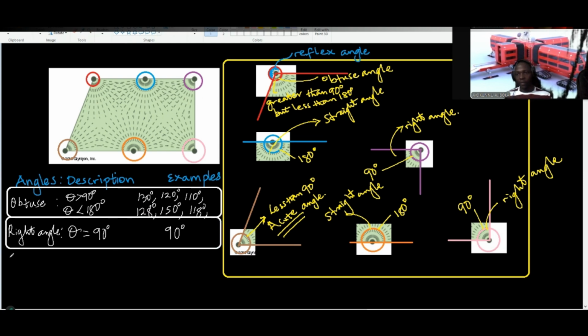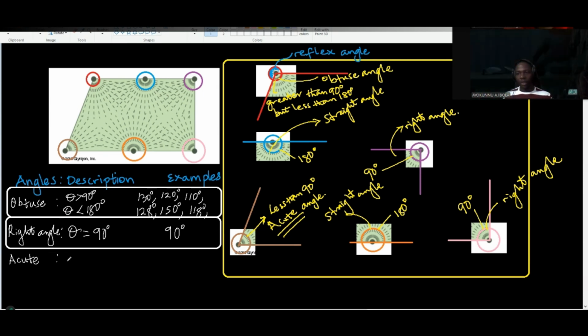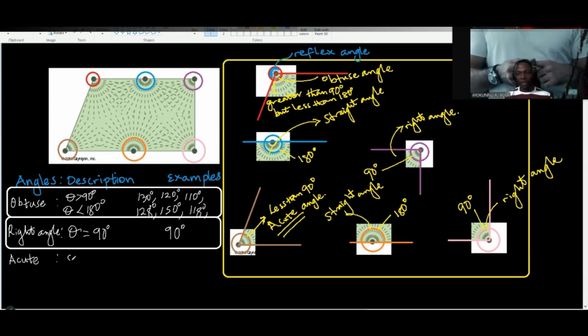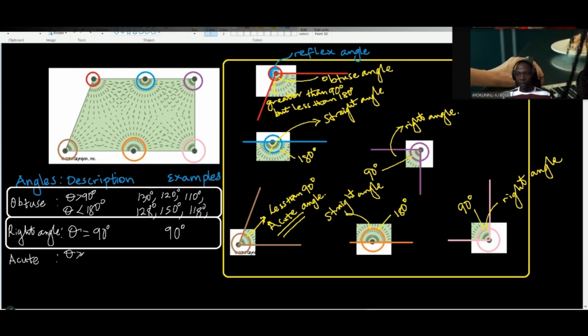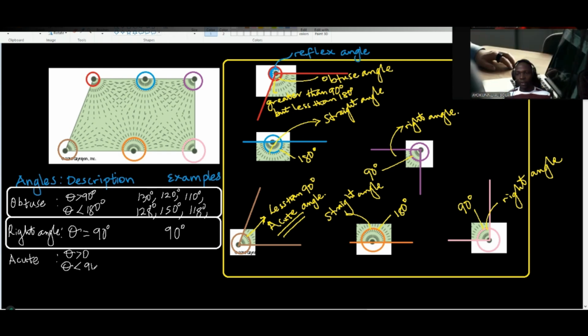An acute angle must be greater than zero and less than 90 degrees. So give me any number that is less than 90 degrees.